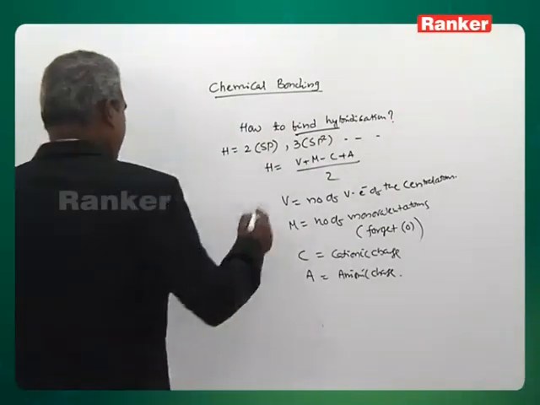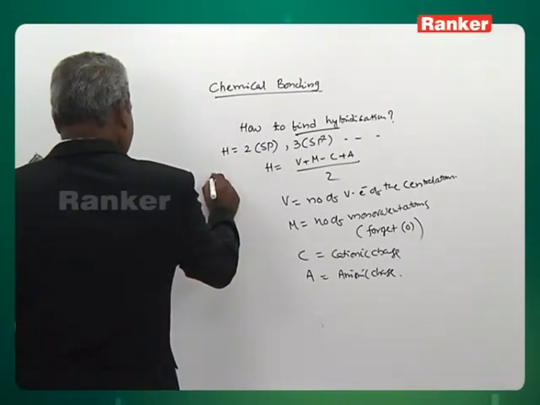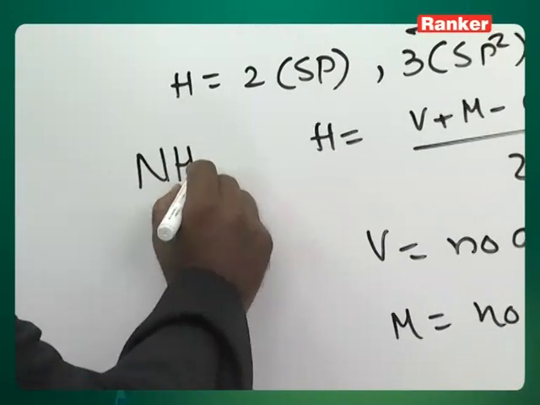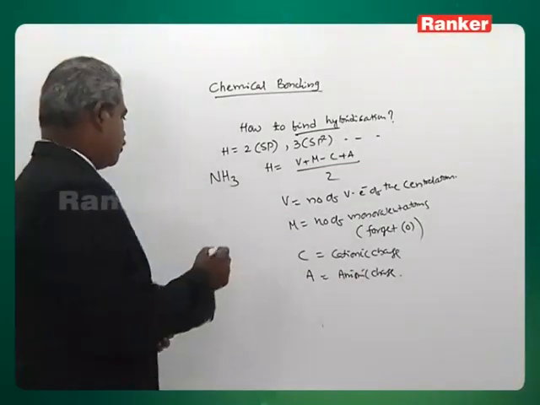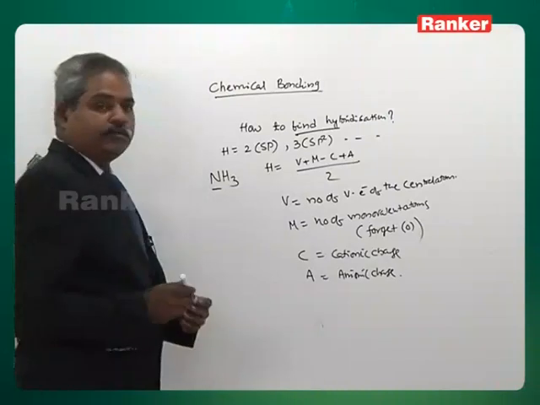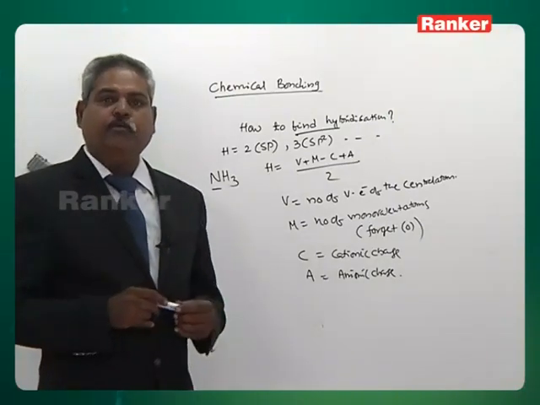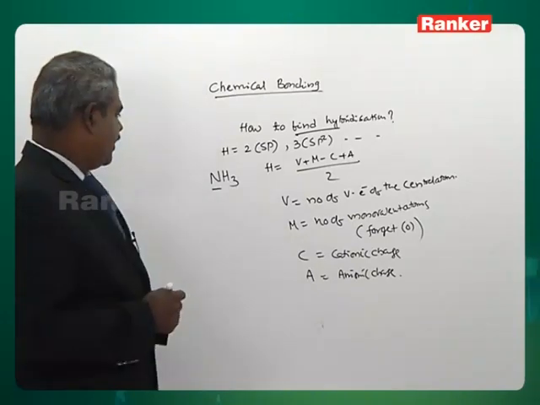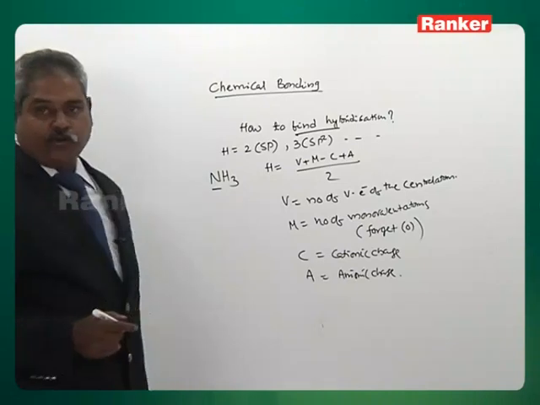Now, apply this, starting with NH3. What is the hybridization of nitrogen in ammonia? How will you find that? Valence electrons: nitrogen belongs to the 5th group.